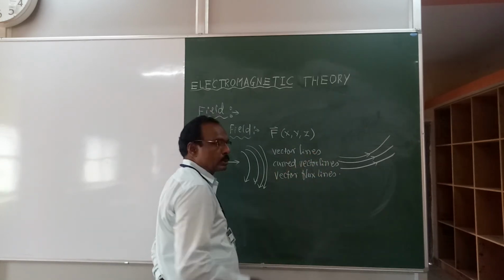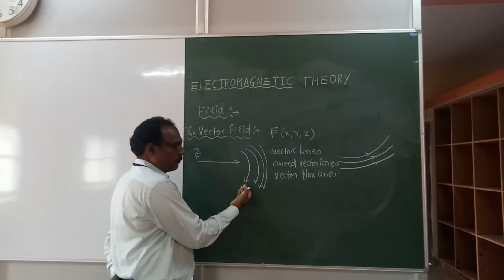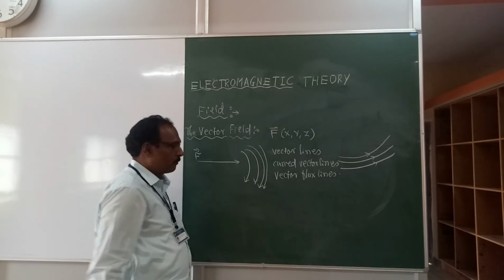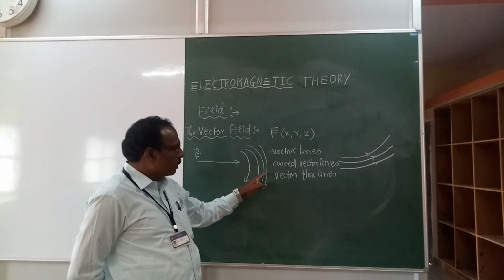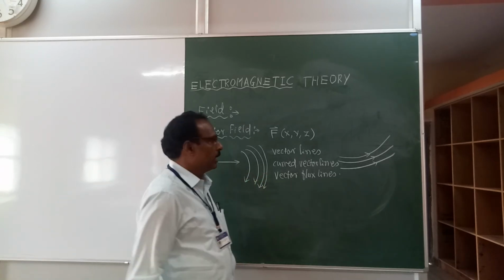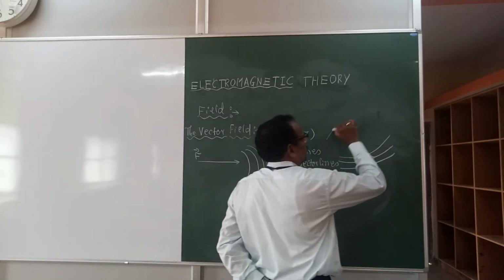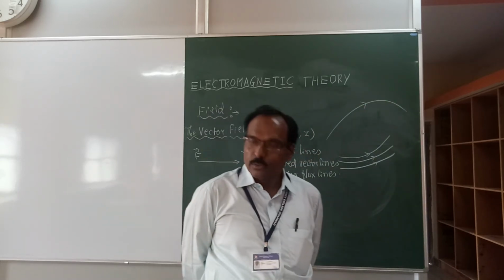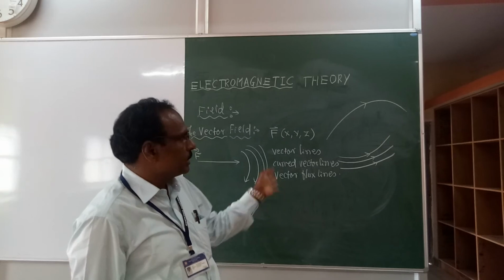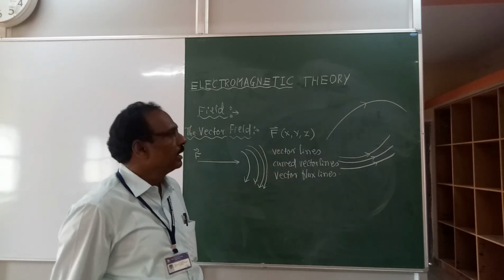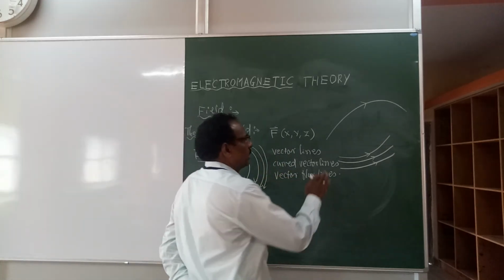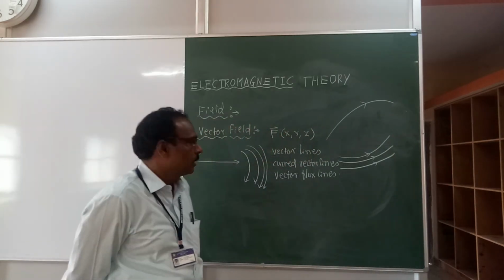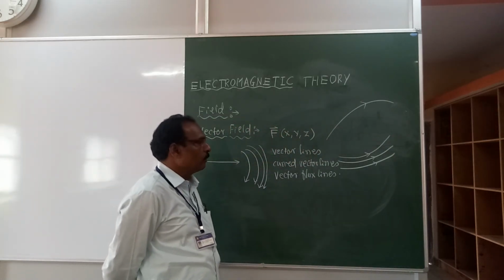Magnetic lines of force and electric lines of force are represented by flux lines. So normally we call these flux lines. If I draw a flux line here, this is a flux line. Whether it is an electric field or a magnetic field, in general let us call it a vector line, a curved vector line, or a flux line.